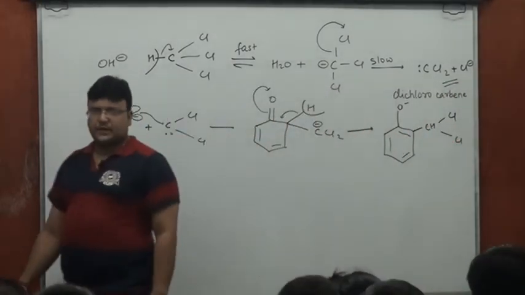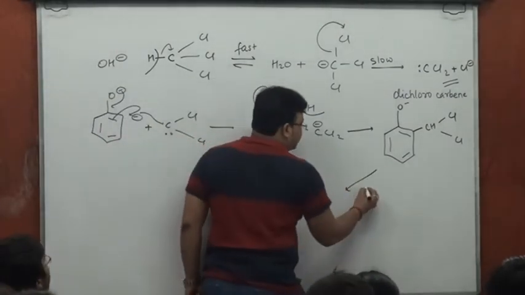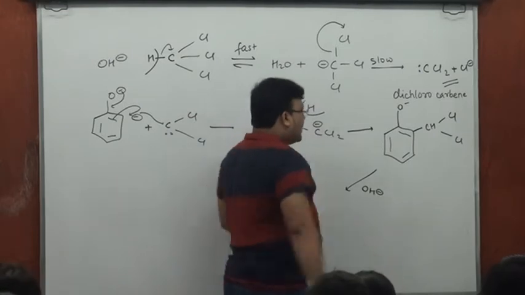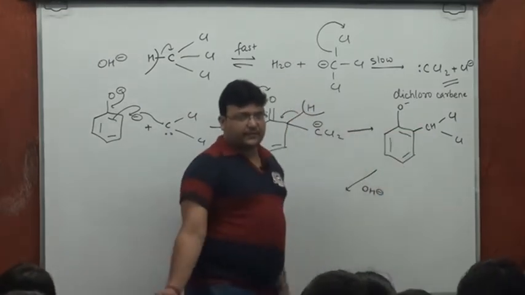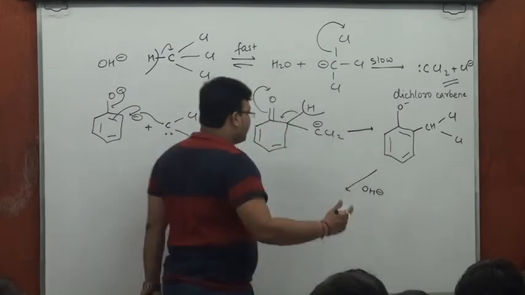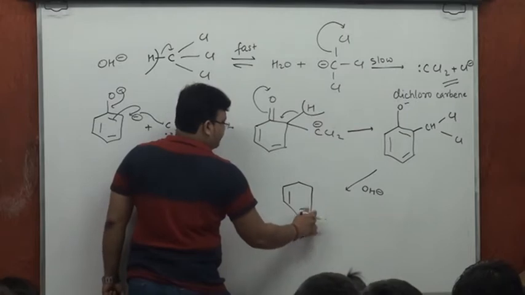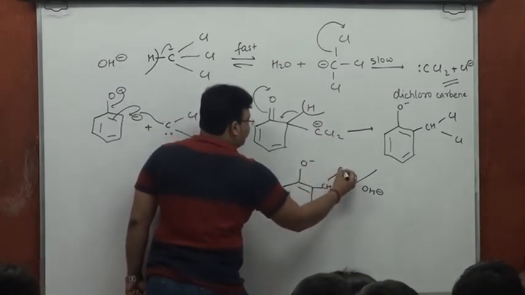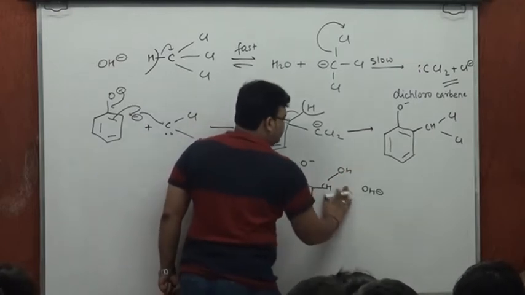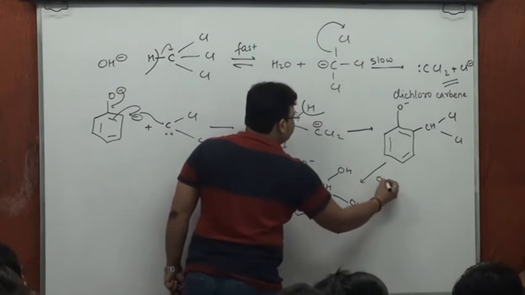Simple. You have a lot of OH minus because the medium is alkaline, and with OH minus, we know this, OH minus replacing Cl minus. There are two Cl minus, so certainly it's going to give you an intermediate of this kind, CH(OH)2. So yes or no?